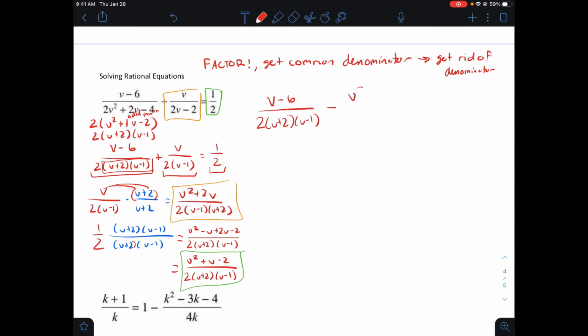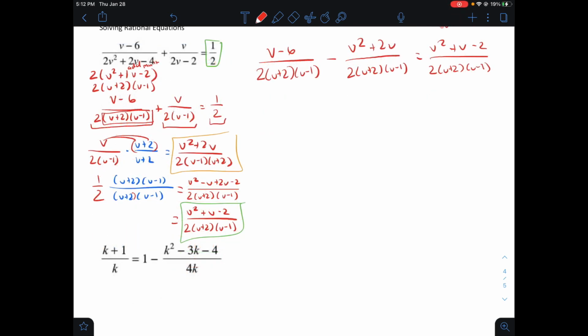Minus, and then we've got v squared plus 2v all over 2, v plus 2, v minus 1, equals, and then our green guy, which is v squared plus v minus 2 all over 2, v plus 2, v minus 1.